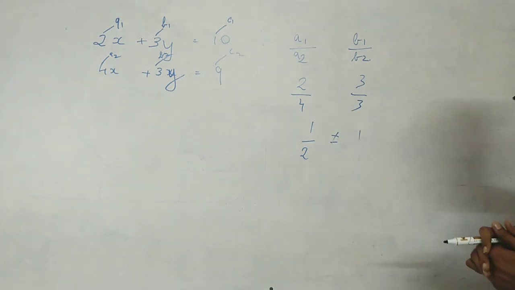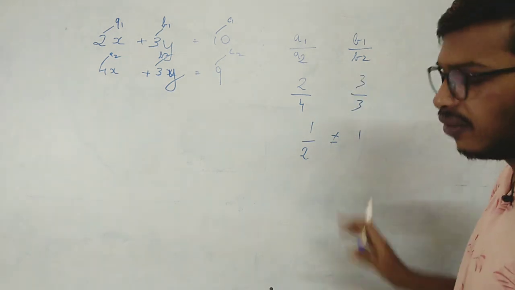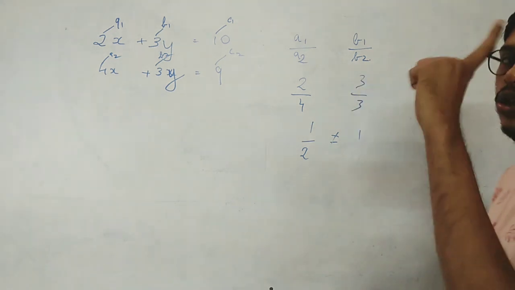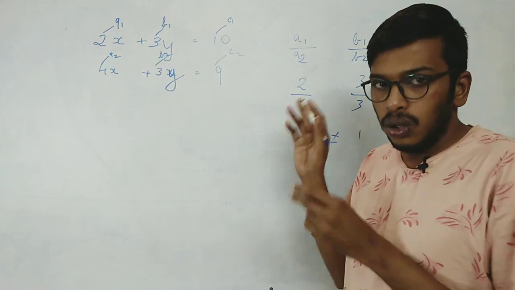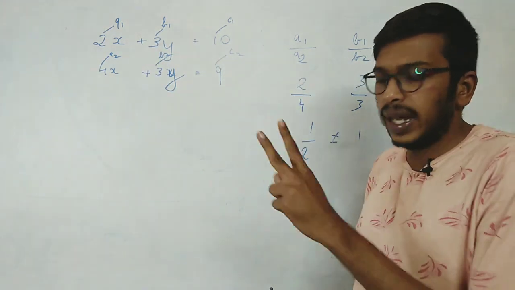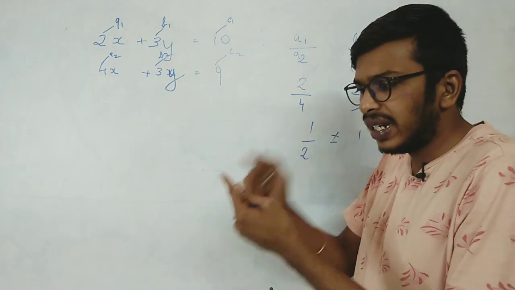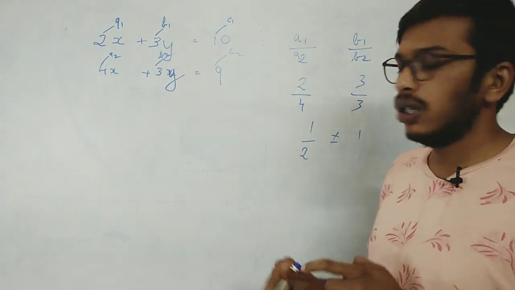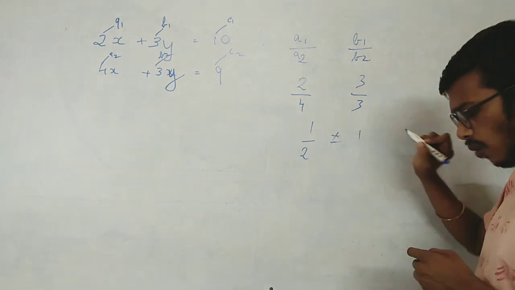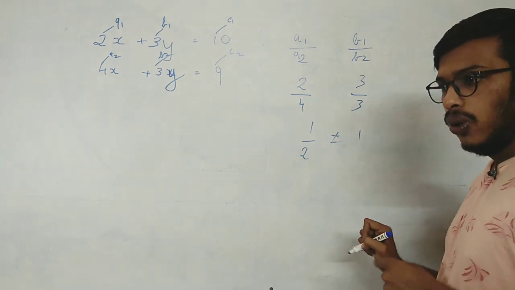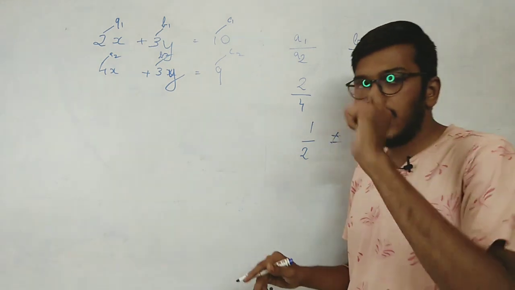Which means that this pair of linear equations has one unique solution. That is, when we plot these two equations in the graph, we get two lines, and they will intersect at one particular point. So the relation is, when A1 by A2 is not equal to B1 by B2, the pair of linear equations will have one unique solution.